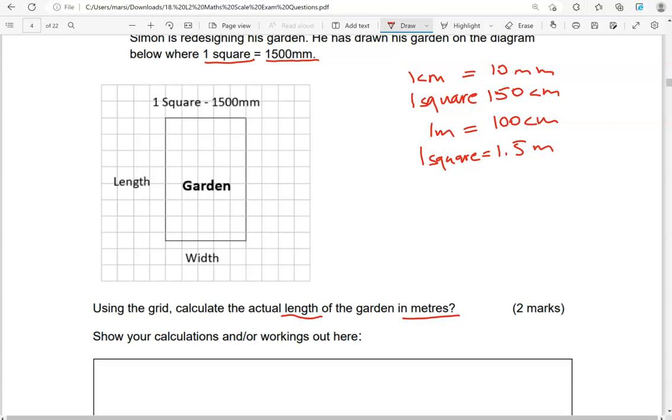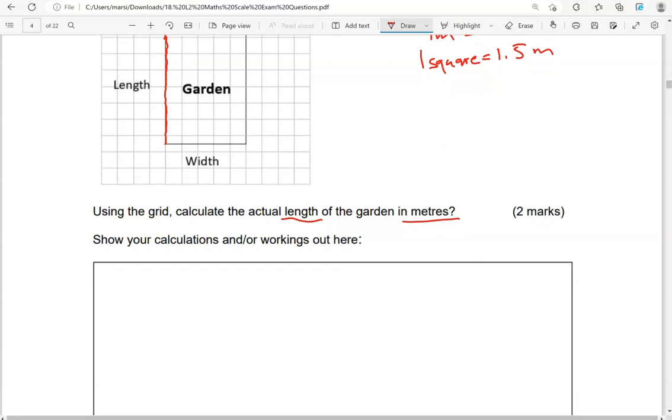We're interested in the length only, not the width. So we've got 1 square, 2, 3, 4, 5, 6, 7 and a half. So we'll do 7.5 times 1.5. So 5 times 5 is 25. So 5 down and 2 carried over. 5 times 7 is 35, and the 2, that is 37.